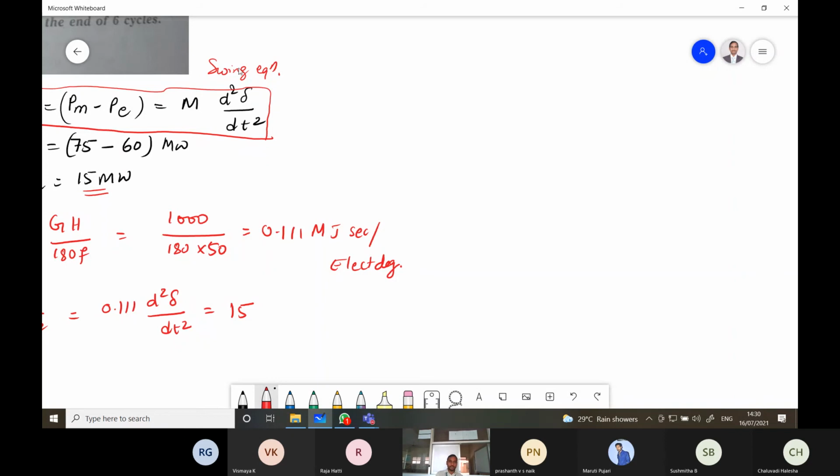Now we need to calculate angular acceleration, represented by alpha. Alpha is equal to d square delta by dt square.